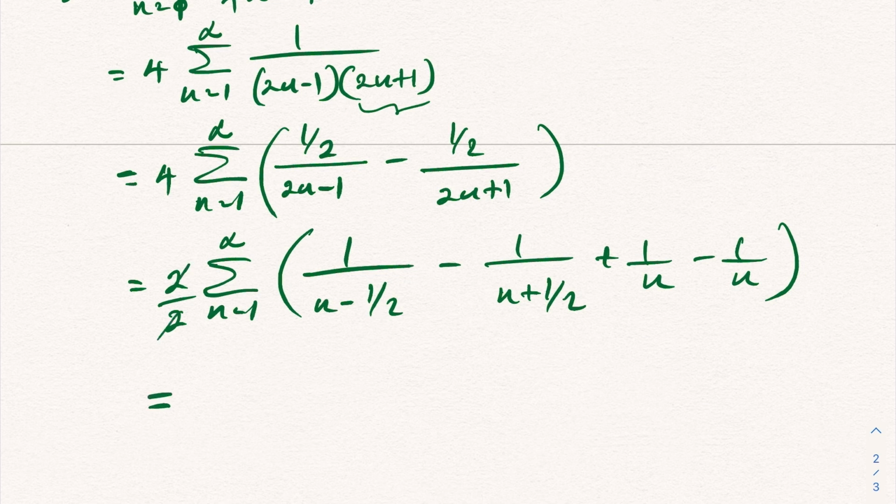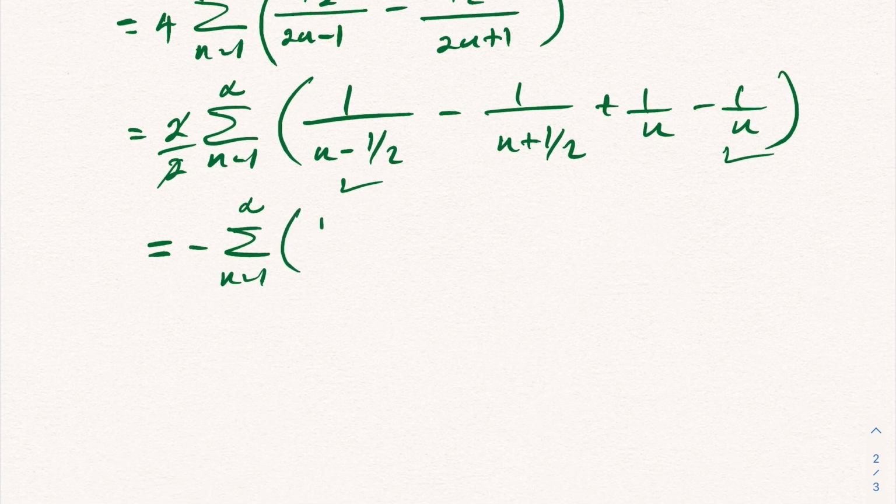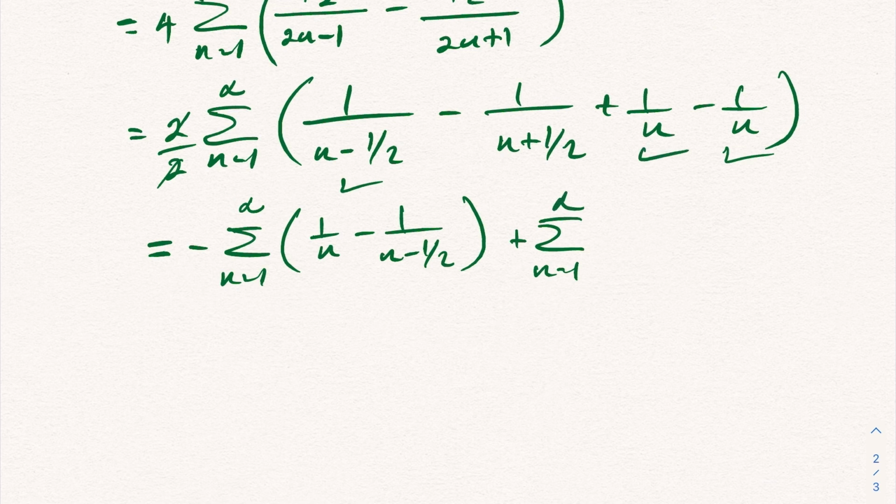So we have here, now I'm going to take minus 1 over n and 1 over n minus 1/2 and minus sign as a factor. So we have sum n is equal 1 to infinity, 1 over n minus 1 over n minus 1/2, then plus sum of n is equal 1 to infinity, 1 over n, then here minus 1 over n plus 1/2.